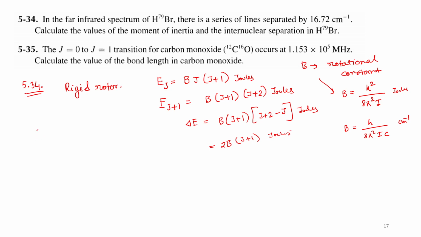Delta E is associated with hc by lambda, or hc nu bar. So for J equals to 0, you are going to get one line in the spectrum at 2B centimeter inverse, or 2B, whatever is the unit. Okay, so I'm not writing that unit because you know that you can get the unit of B in centimeter inverse or in joules. Okay, so I can erase this part also.